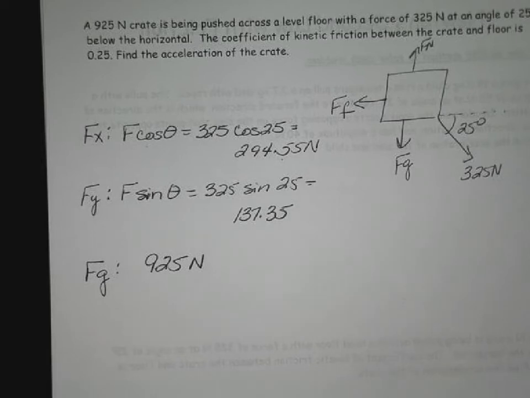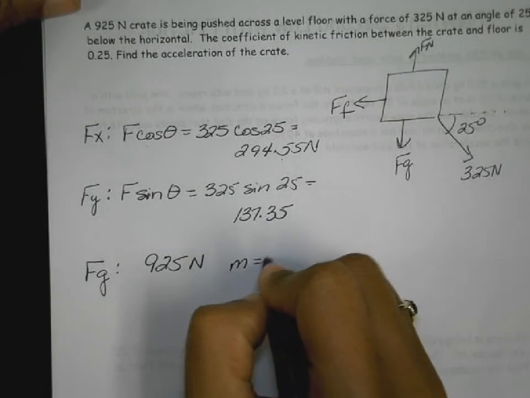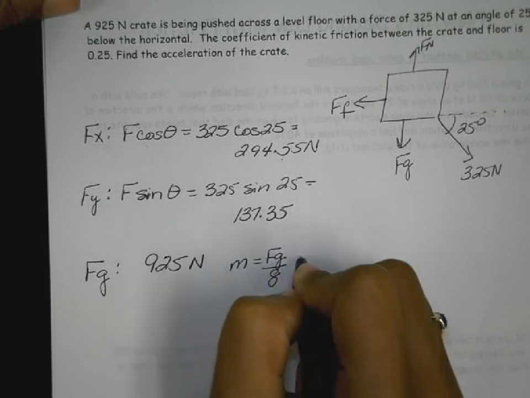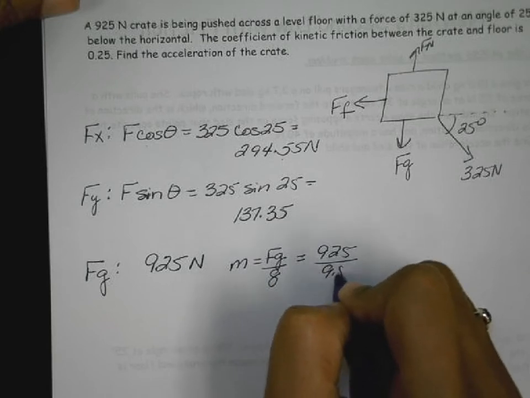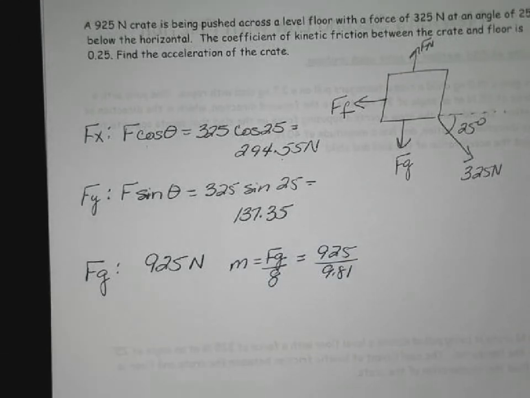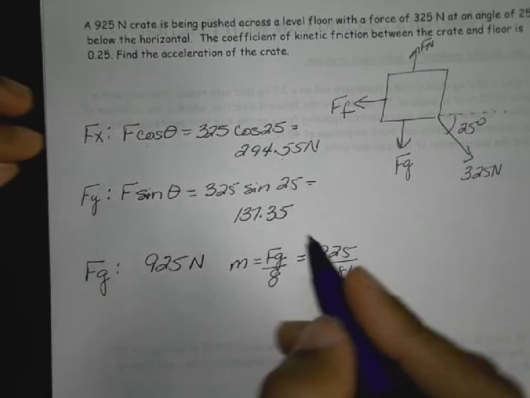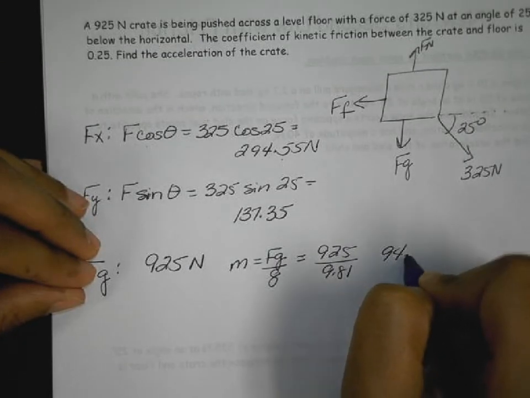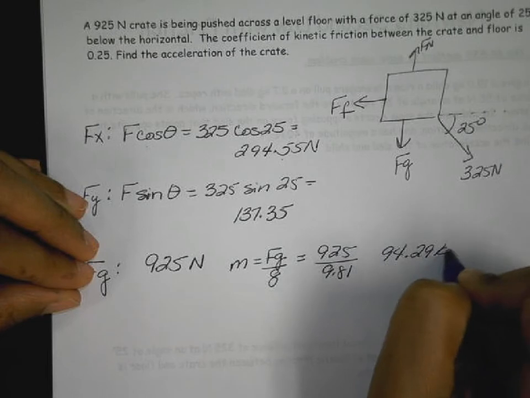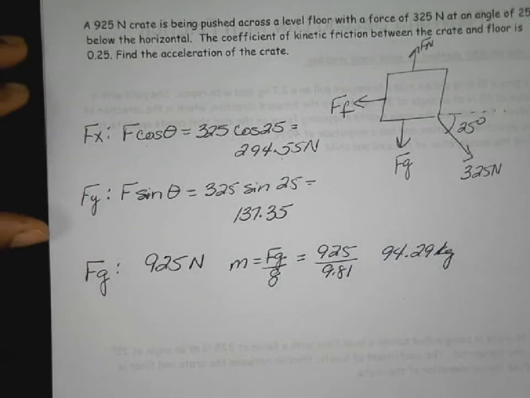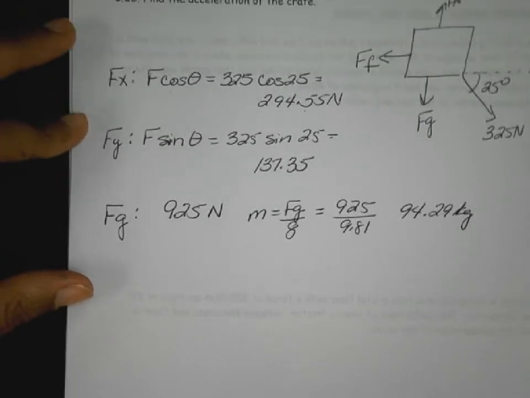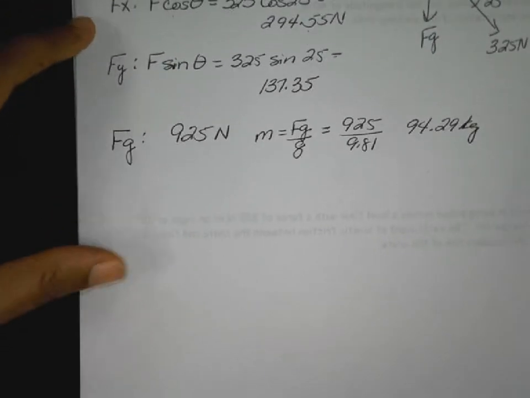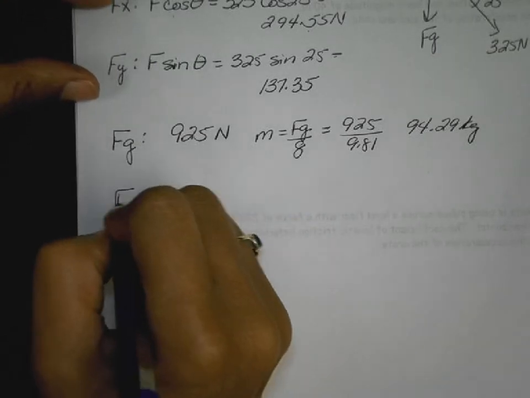To get the mass, you divide by gravity. M is equal to force of gravity over G. 925 divided by 9.81 is 94.29, and that's in kilograms. So what I'm doing is just getting all the pieces to my puzzle, because I know eventually I'm going to need them. After force of gravity is normal force, F of N.